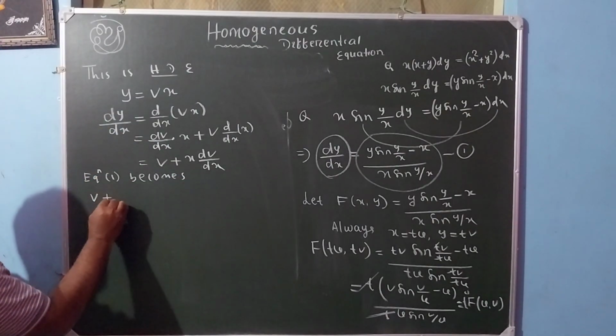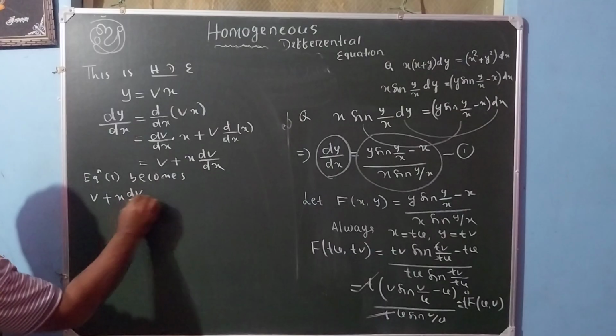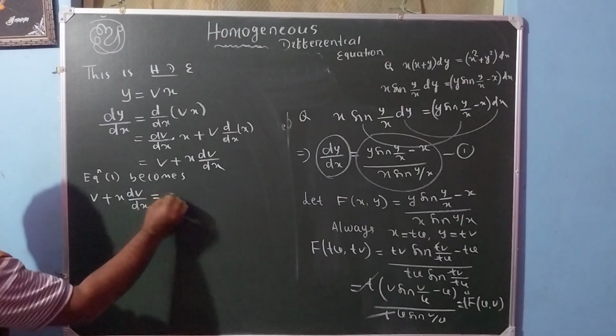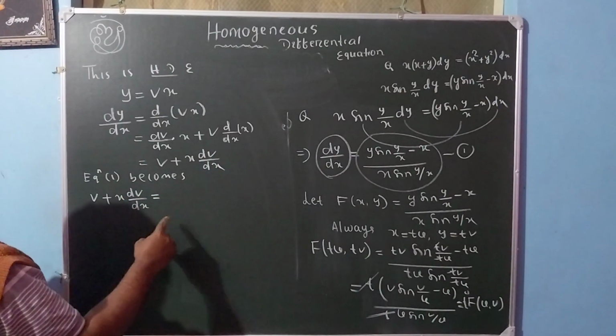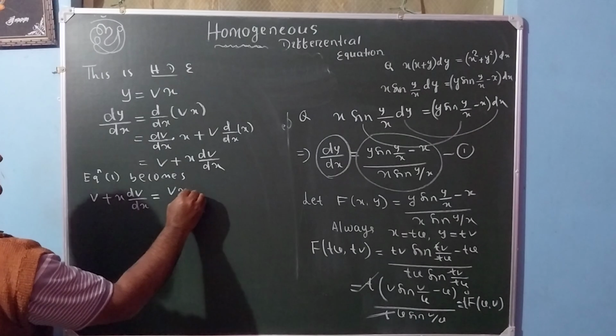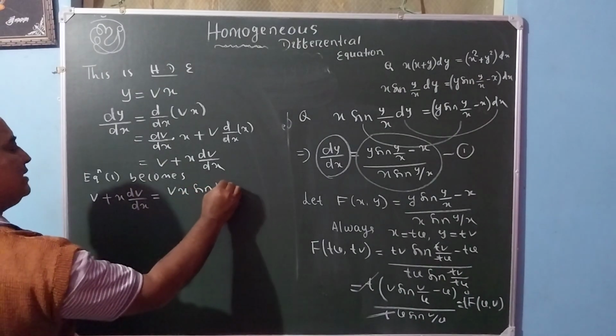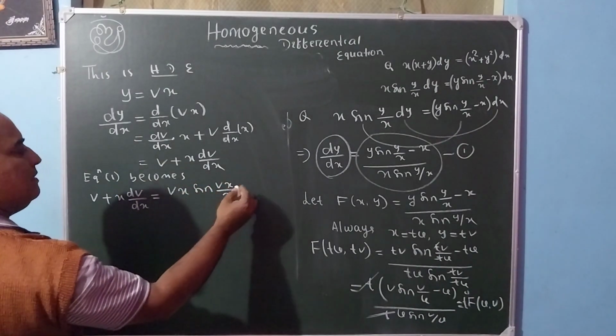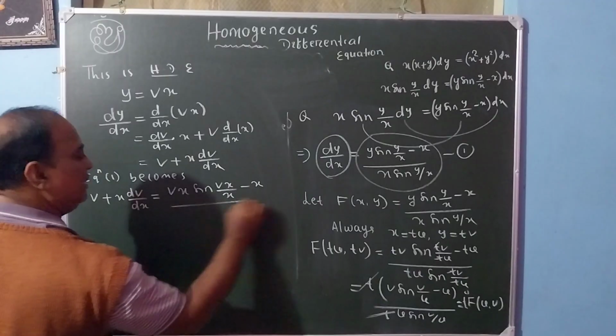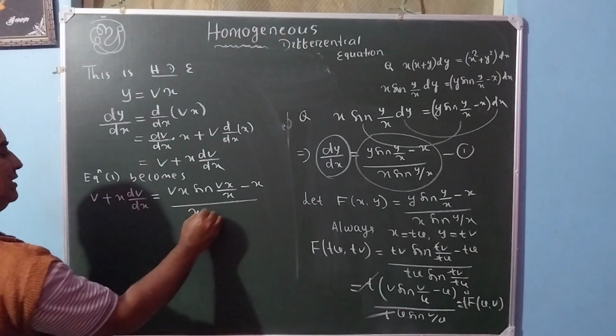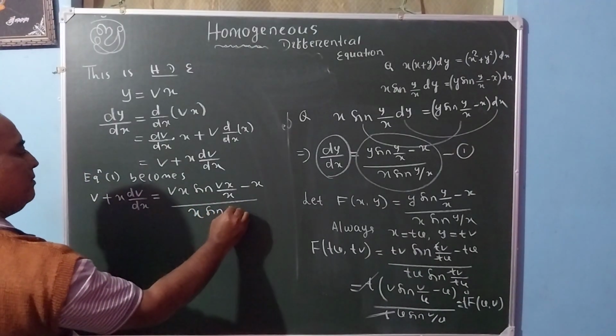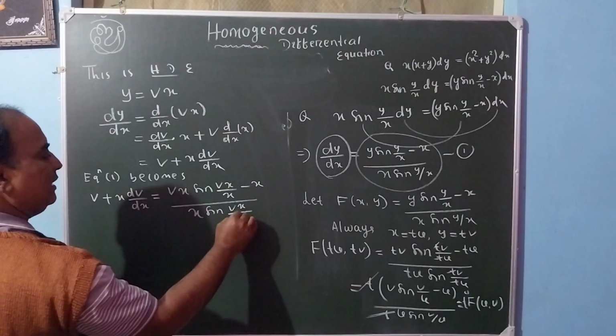So v plus x dv by dx is equal to, in place of y it is vx sin vx by x minus x divided by x sin vx by x.